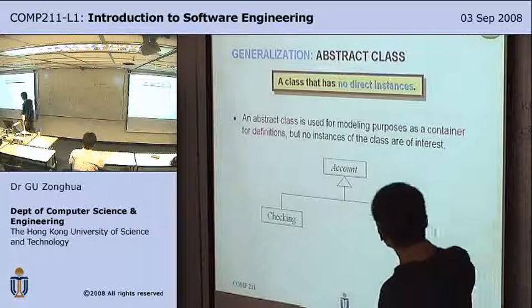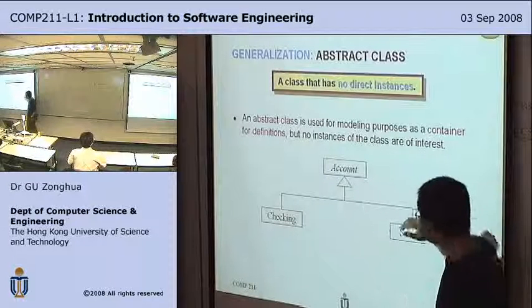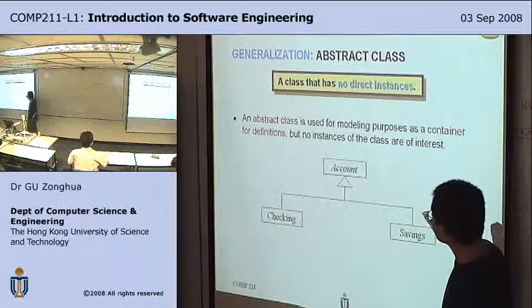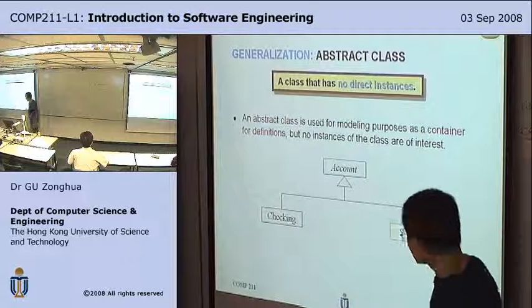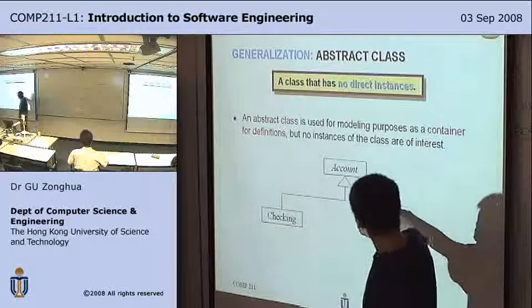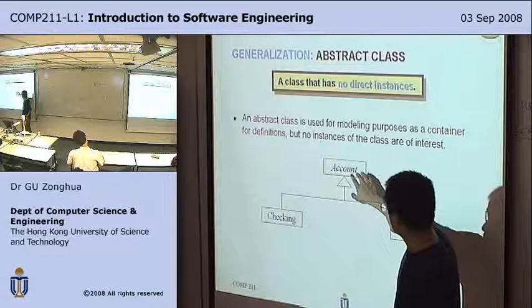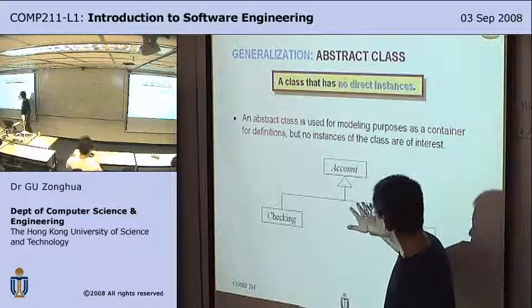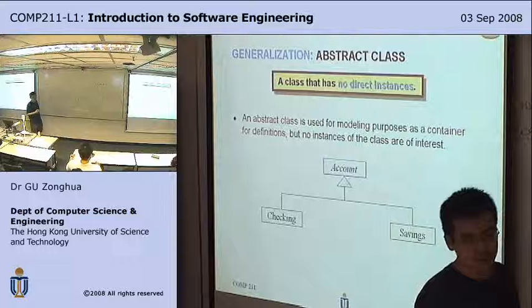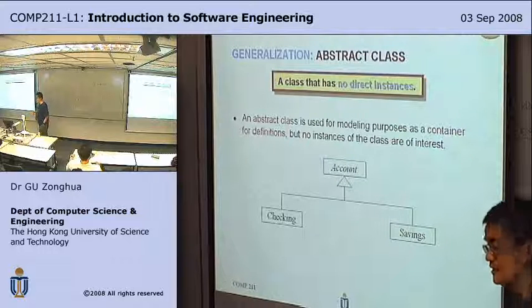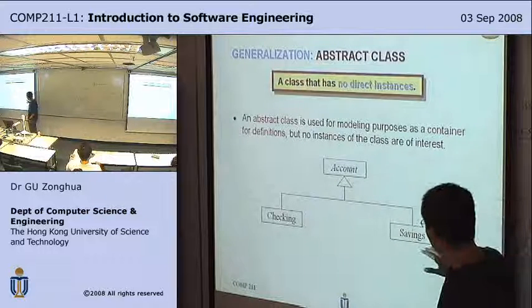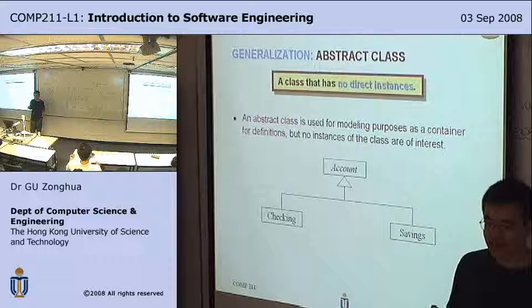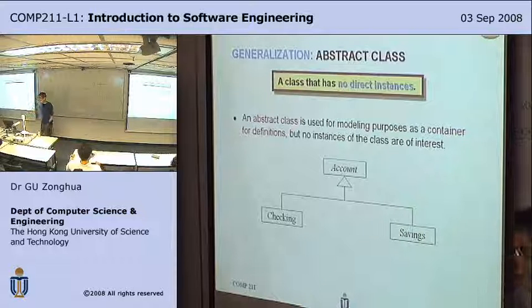So a class can be abstract. That is, it has no direct instances. In UML, it is shown as the italic font in the class name. So for example, if you have only two types of accounts, checking or savings, there is no other type of account. Whenever you have a bank account, it's always one or the other.